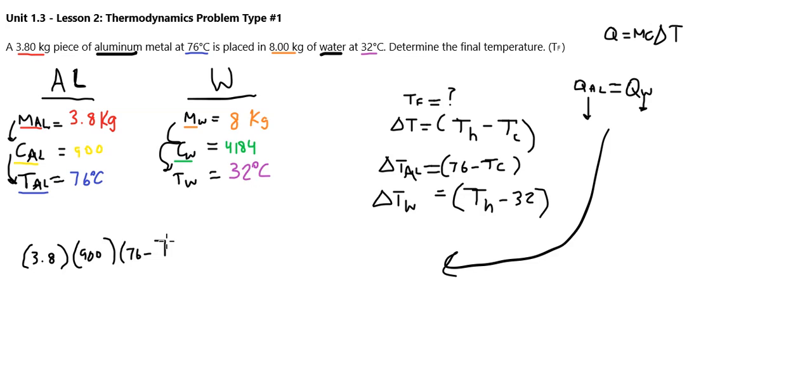Okay. Then equals, now we need the M of water, because that's on the right side. That is 8. And I'm just saying the letters, not what they mean in this case. That means mass. Remember that. Then the C of water, we said that was 4,184.